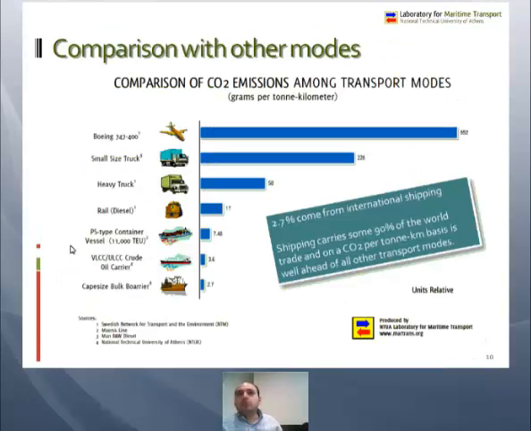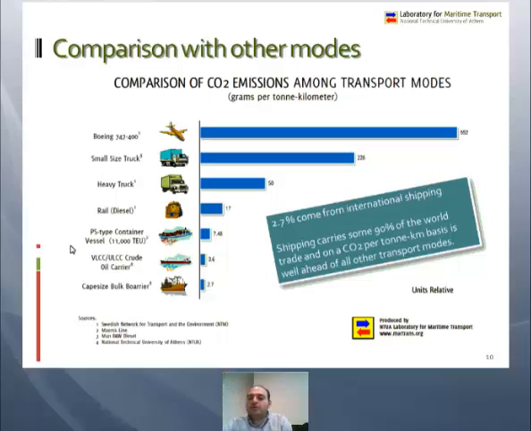Do you want to compare CO2 emissions from vessels with other transport modes? That's the chart. You can see shipping is a clear winner. That's the amount emitted from a Boeing 747, that's for a truck, that's for a diesel rail, and that's for a Capesize bulk carrier.